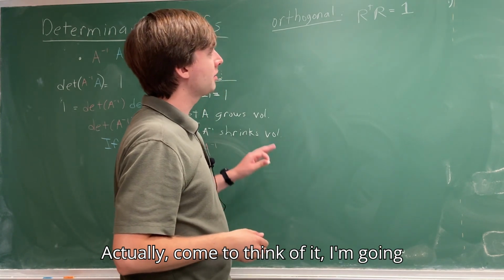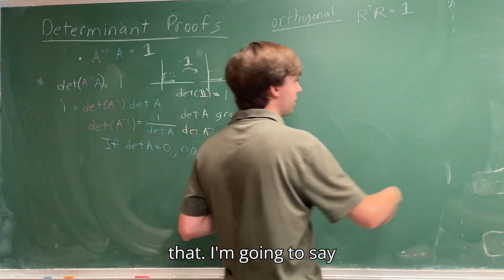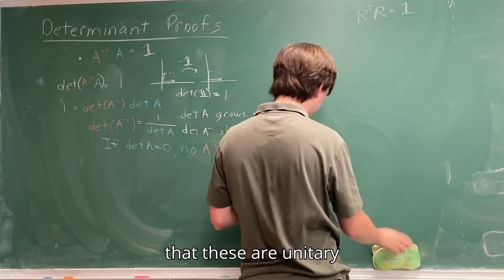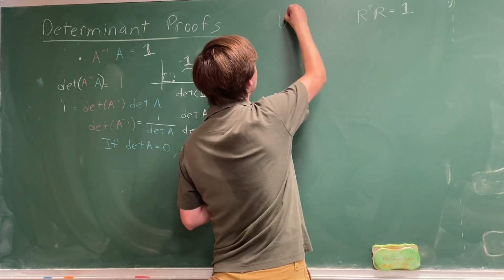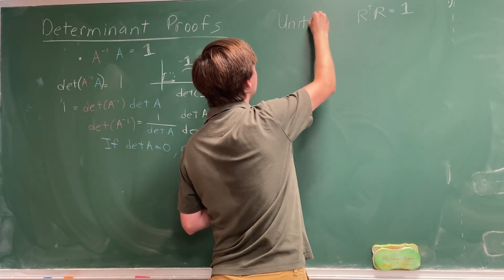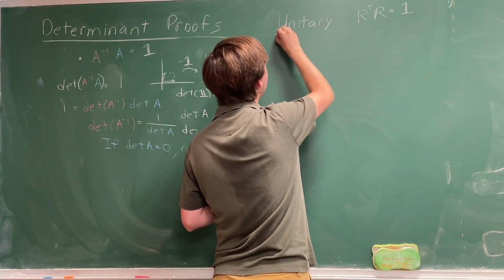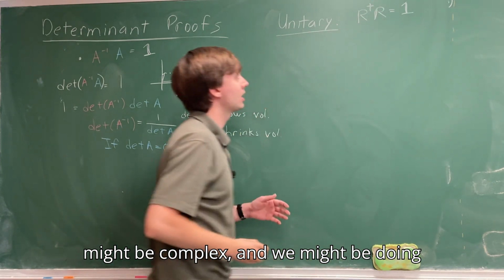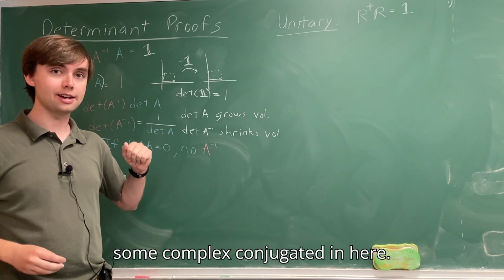Actually, I'm going to make this a little more general than that. I'm going to say that these are unitary and allow for the possibility that these might be complex, and we might be doing some complex conjugating in here.